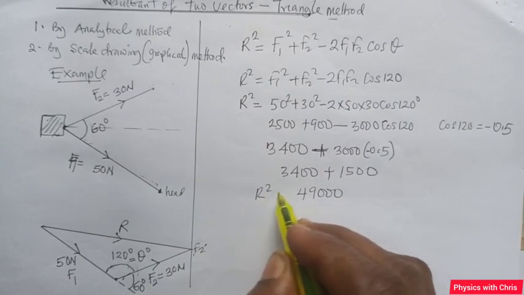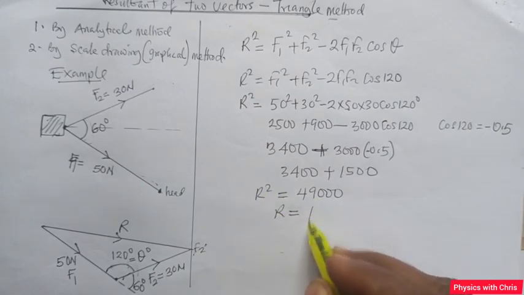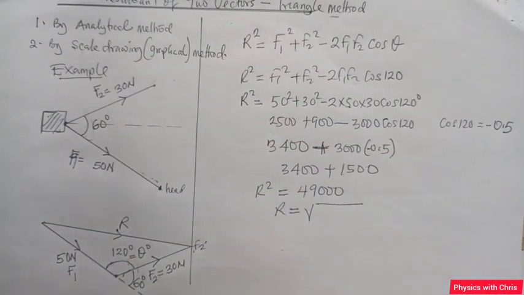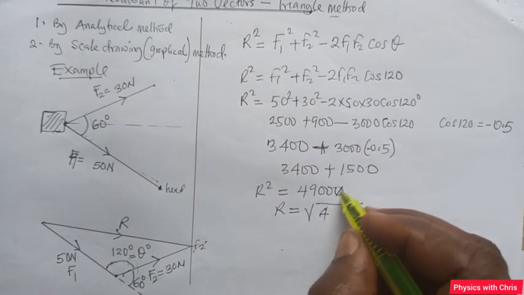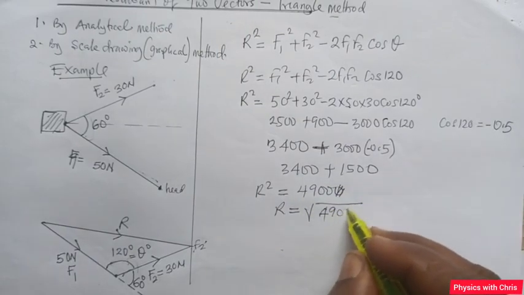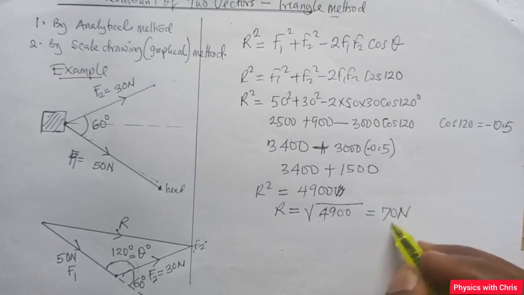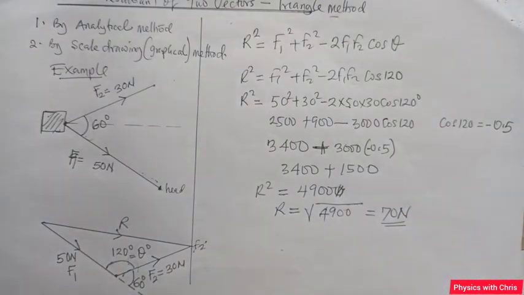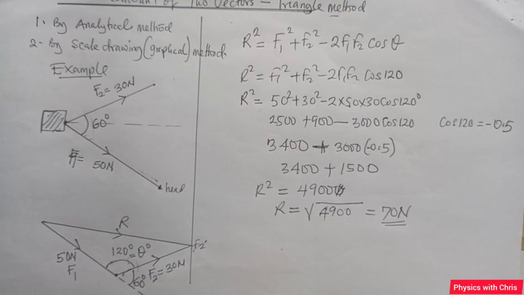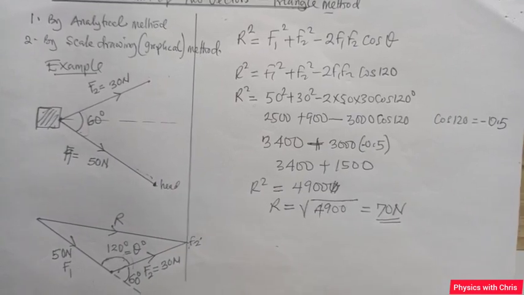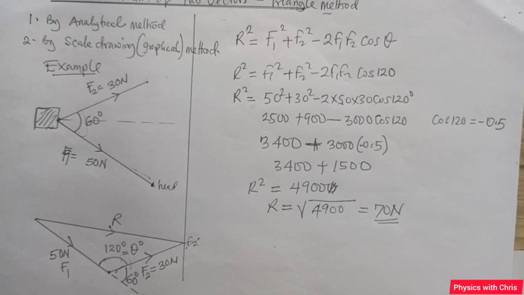That is my R squared. So for my final answer, the resultant of these two vectors is the square root of 4,900, which is actually 70 Newton. That's the resultant vector, 70 Newton, when the angle between them is 120 degrees.